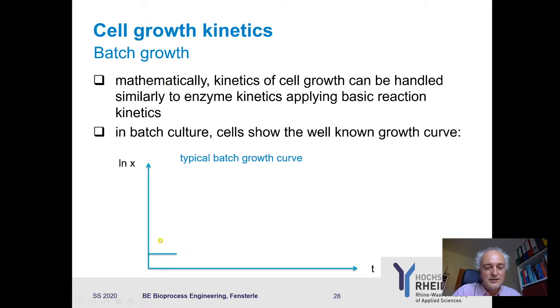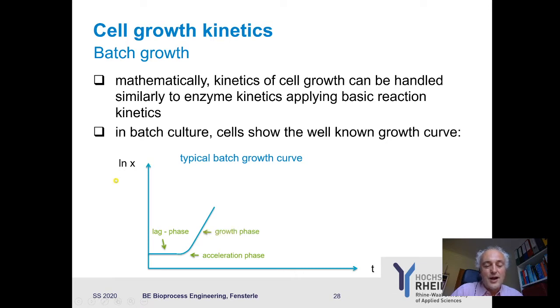So we start with a lag phase. If we plot t versus ln x, you remember, if we plot it versus x, we will not be able to see the exponential phase with our eyes. Then the next phase is an acceleration phase, and we then come to the exponential phase, where we have a linear correlation between t and ln x in a batch culture.